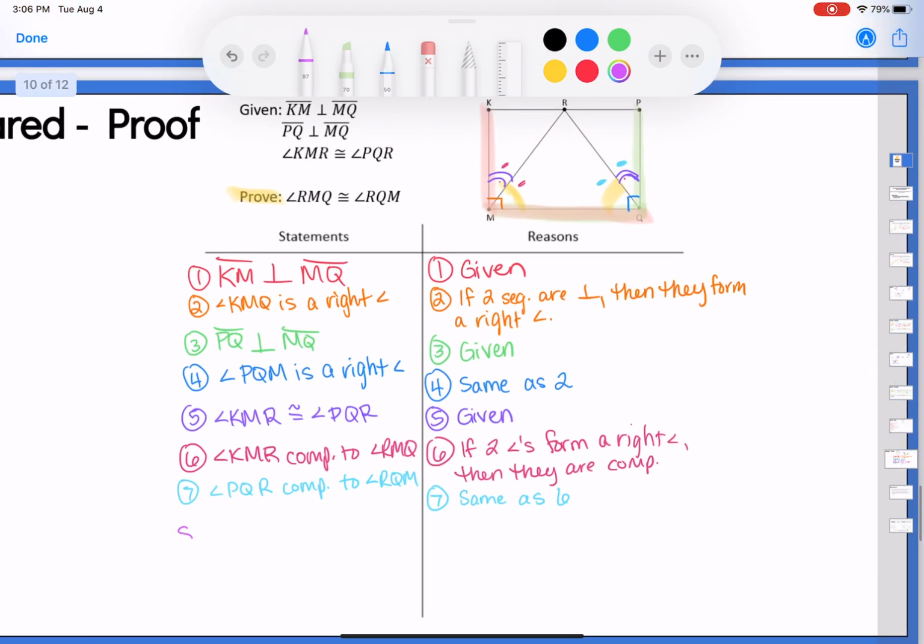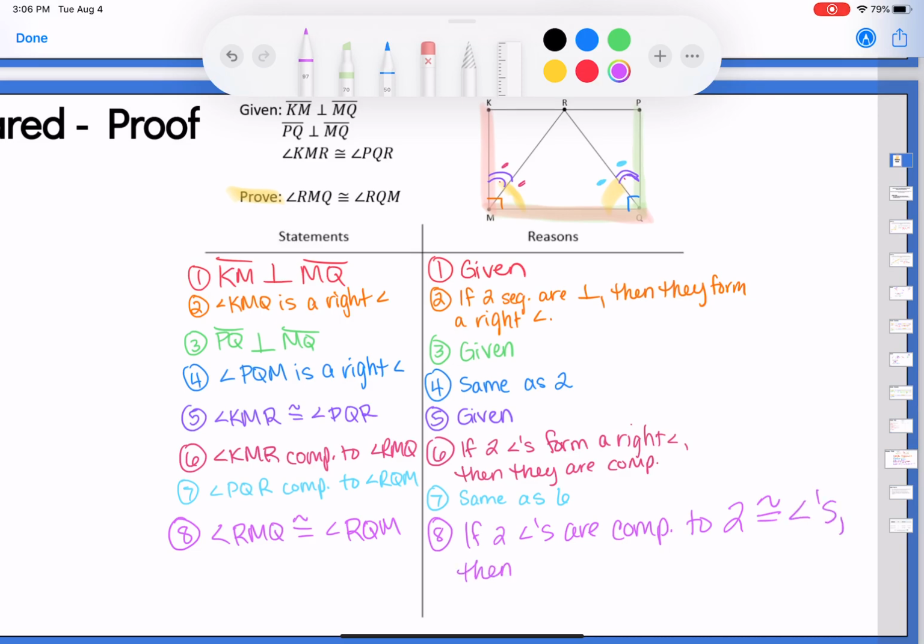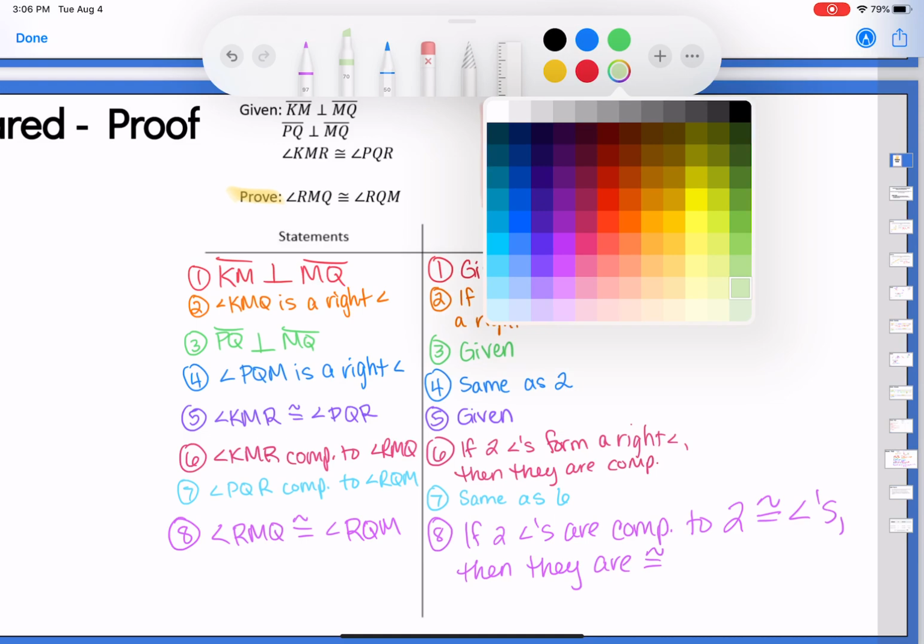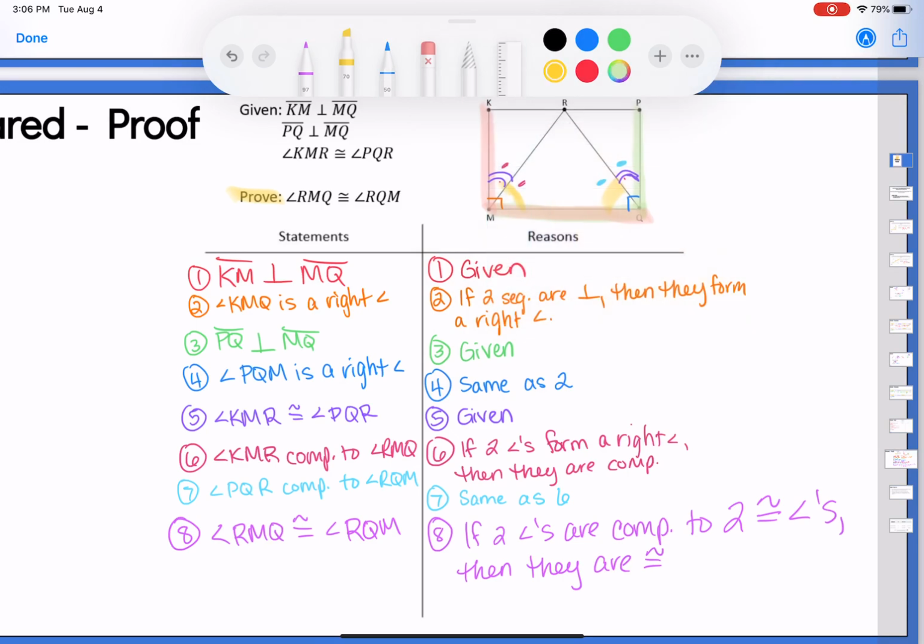So last step, step 8, angle RMQ is congruent to angle RQM, my proof statement, if 2 angles are complementary to 2 congruent angles, then they are congruent. Right? Now, if you're still struggling to understand quite how that works and why it happens to be, just do this, right? That it's two congruent angles, not the same angle.